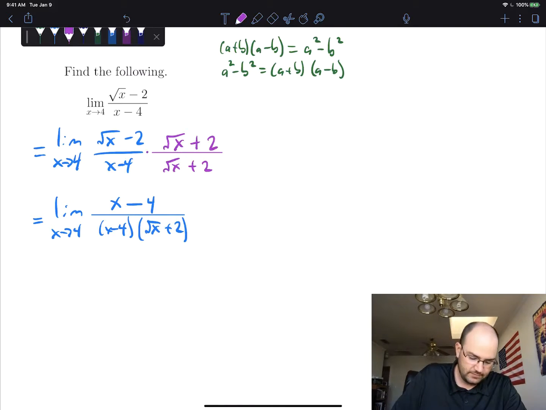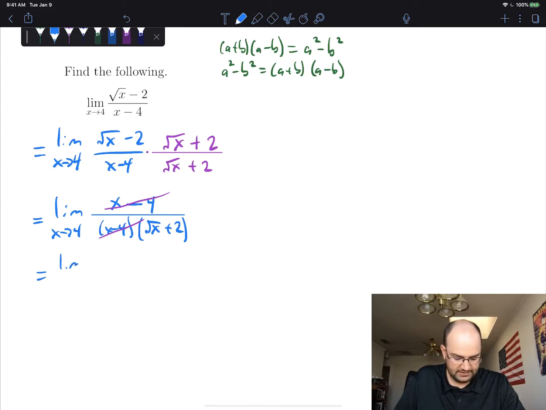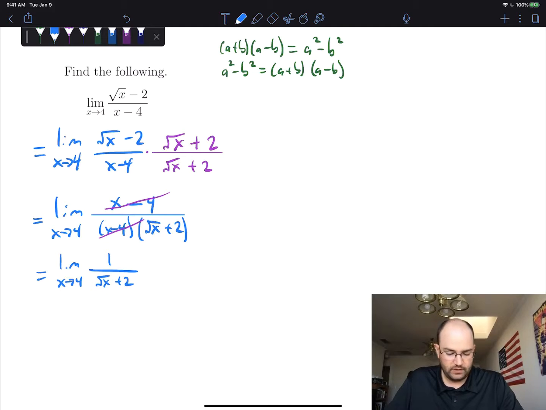But notice something. The x minus 4's cancel at that point. And we're just left with the limit as x approaches 4 of 1 over the square root of x plus 2. And you may say, well, we still have a problem. Well, no, we don't. Because if we plug in 4 now, square root of 4 is 2. 2 plus 2 is 4. So the denominator is not 0 anymore.